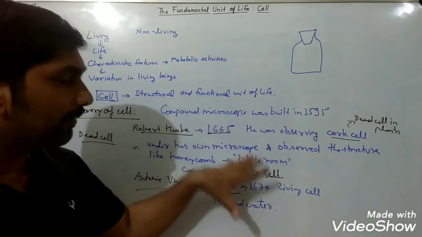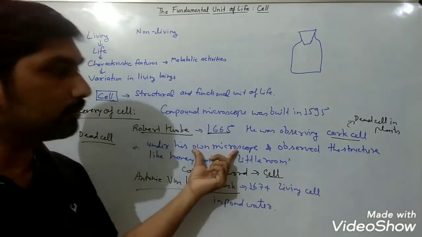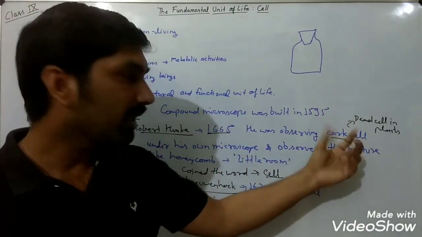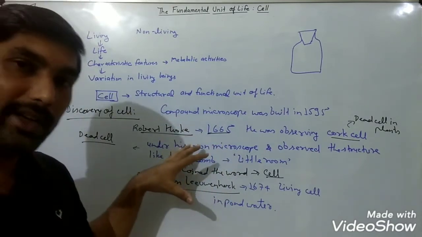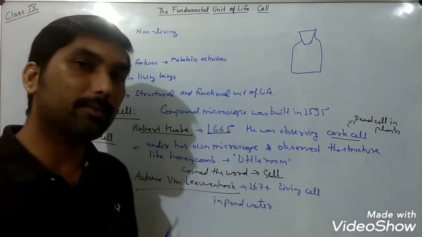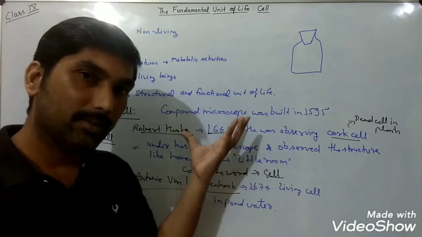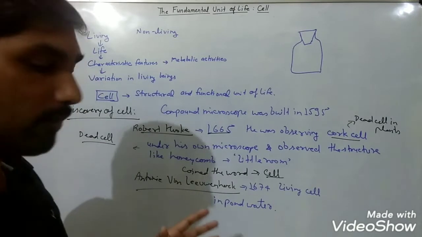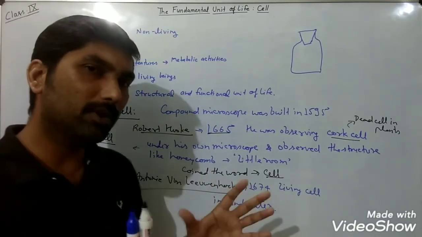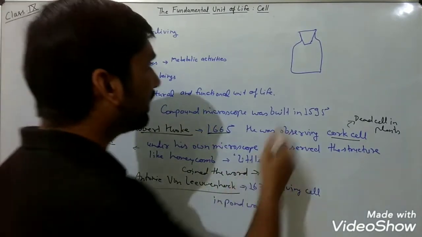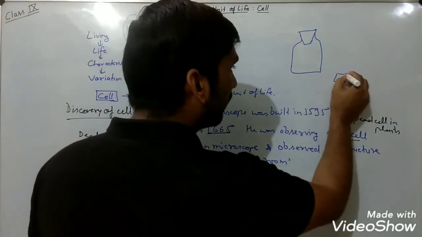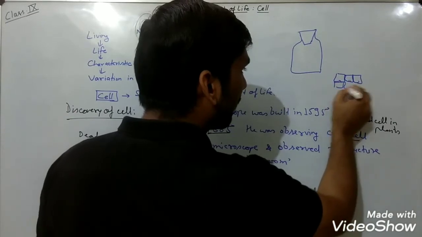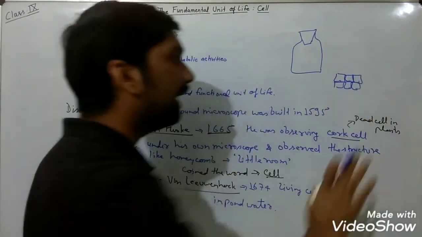So that was the discovery of cell, means Robert Hooke, the first scientist in the year 1665, who discovered the cell for the first time with his own microscope, and the cells were what? Of cork cell. At that time technology was not improved, so he was observing only what? The structure like small room and nothing else.